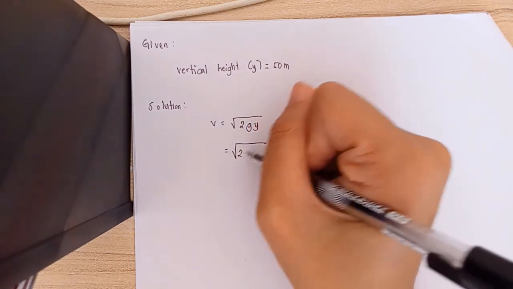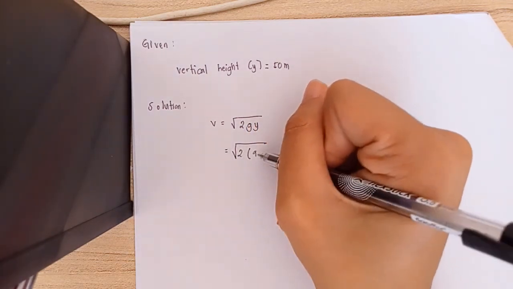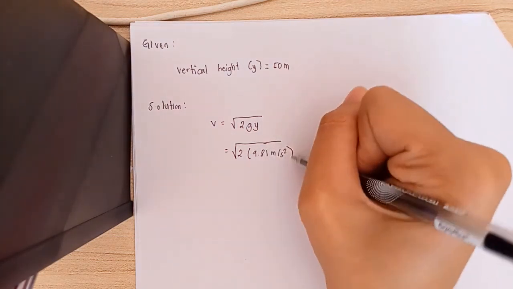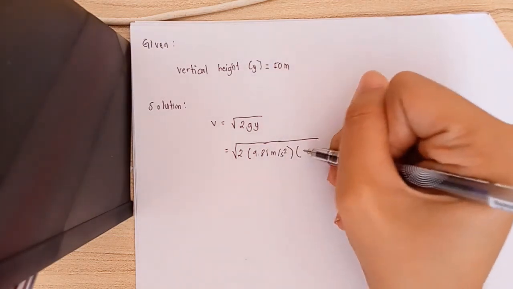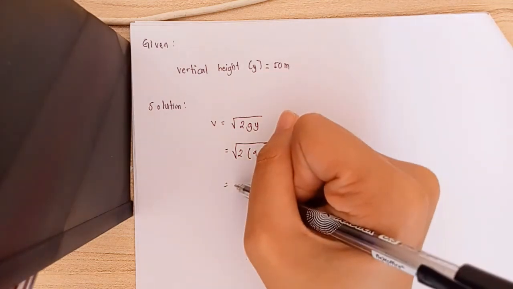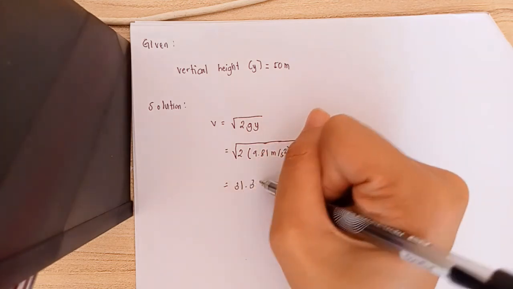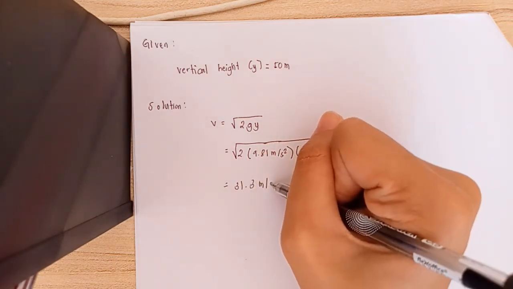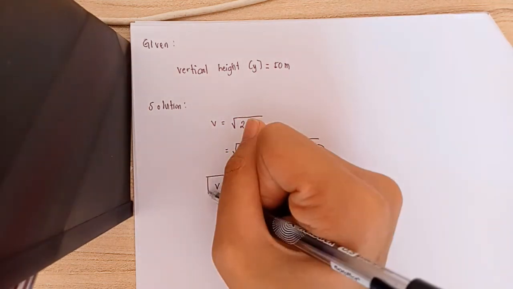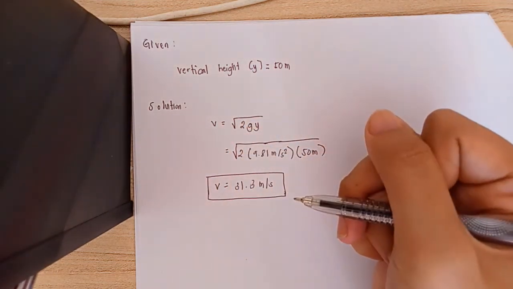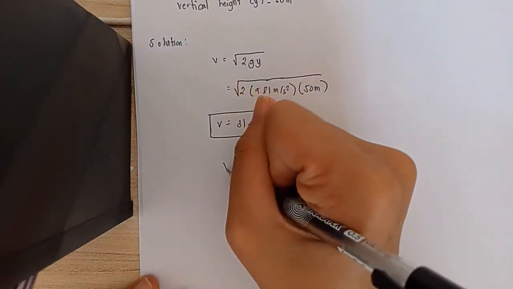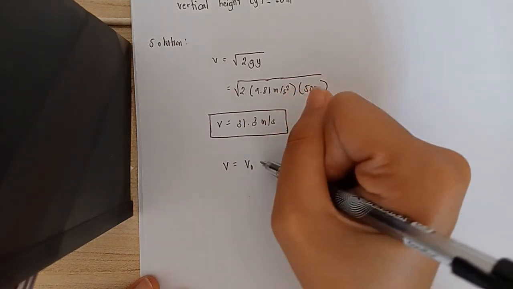We will do substitution after that, and that will be square root of 2 multiplied by 9.81 meters per second squared multiplied by the y, which is 50 meters. So that will be 31.3 meters per second. That will be the speed for the ball to rise at the maximum height.